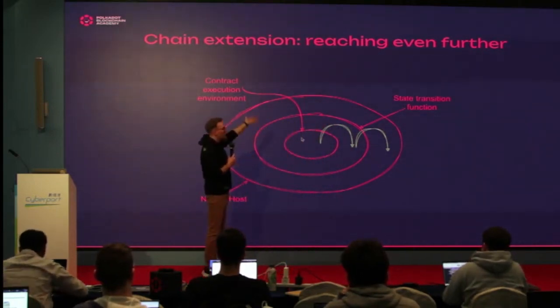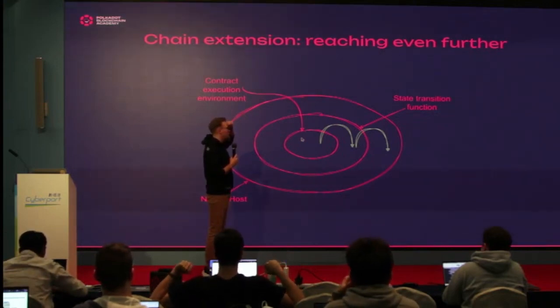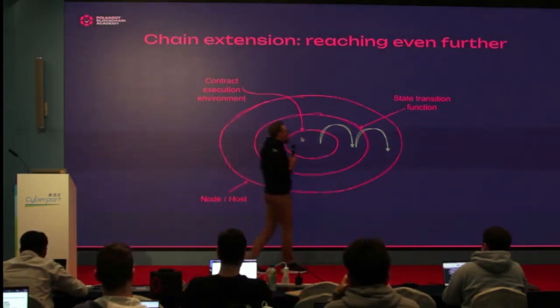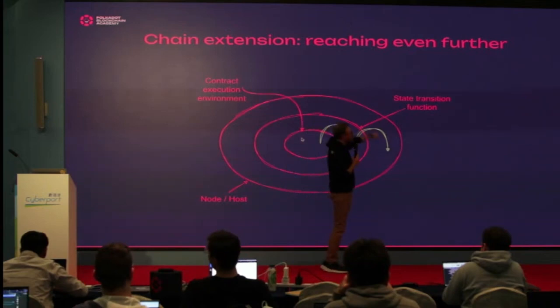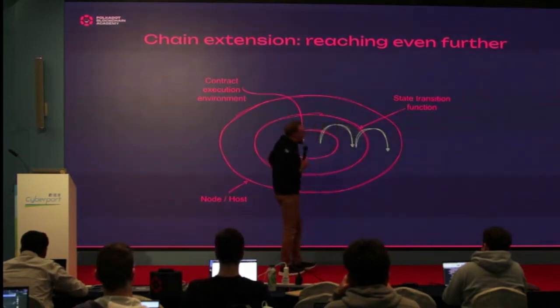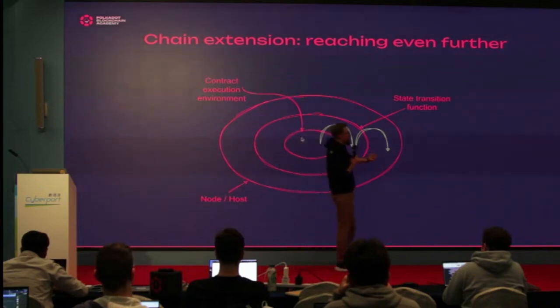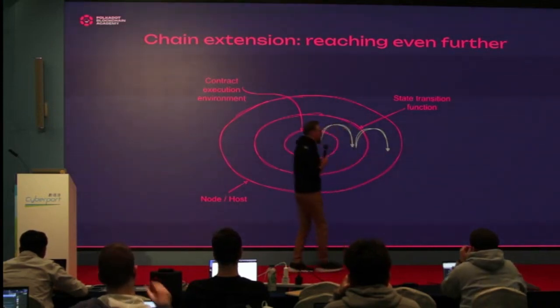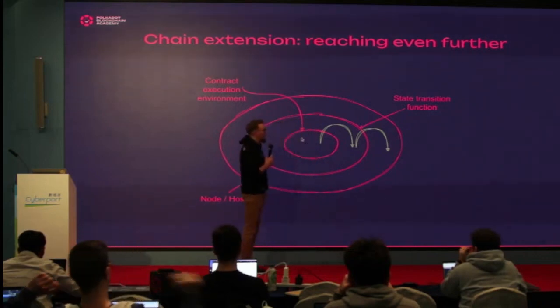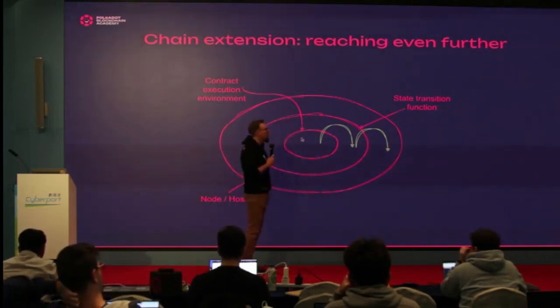So, using other mechanisms from Substrate, we were able to outsource it even further to the outermost layer, the node layer, which is executed natively in Rust on bare metal. And thanks to that, we got an extreme speedup.